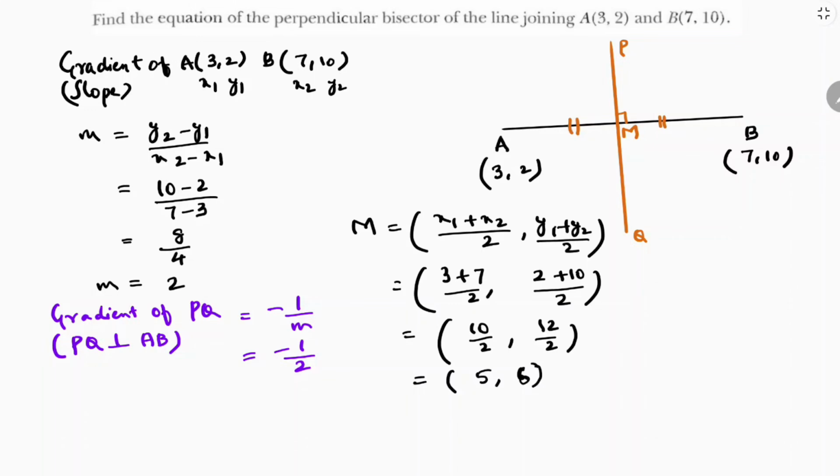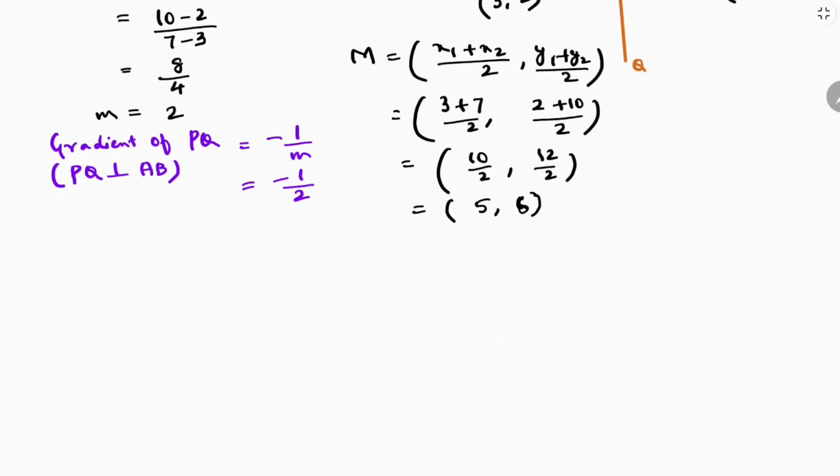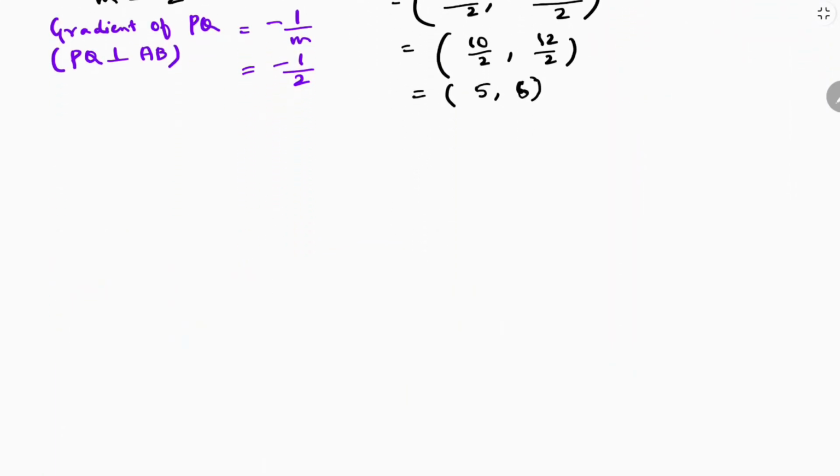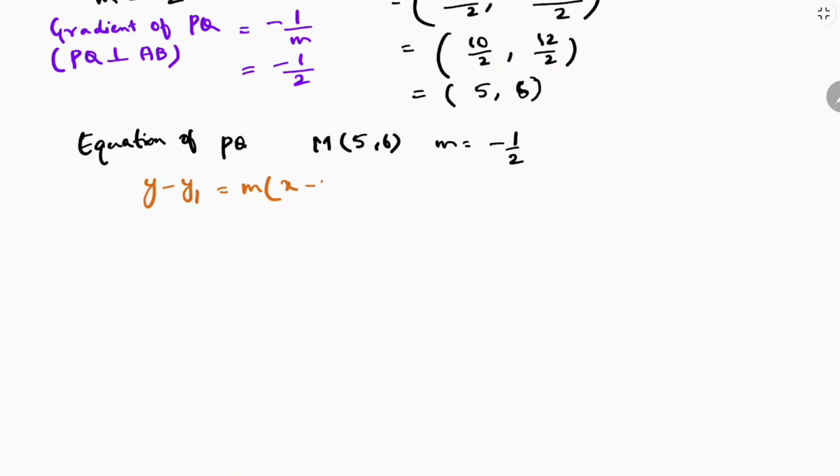So now I'll find the equation of PQ. The point is (5, 6) and the slope is minus 1 by 2. Now the formula for this is y minus y1 equals m into x minus x1.